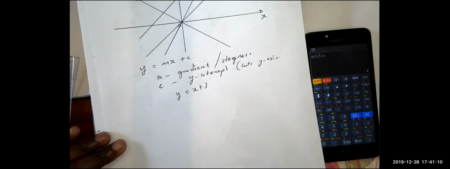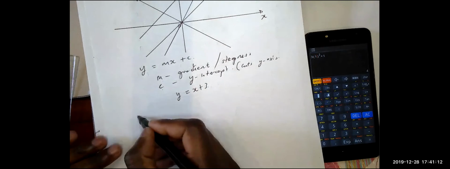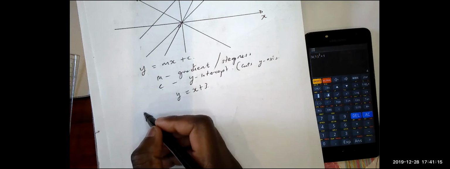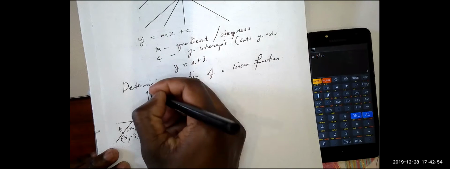Now, let's see how to determine the equation. So here we have a line, so don't forget to put your x and y axes and your center there. We have a straight line, and you are asked to determine the equation of this line AB.